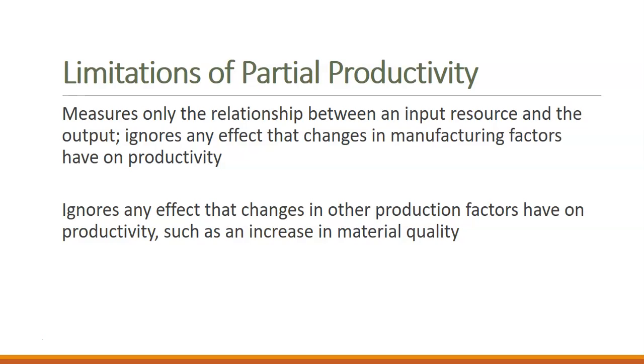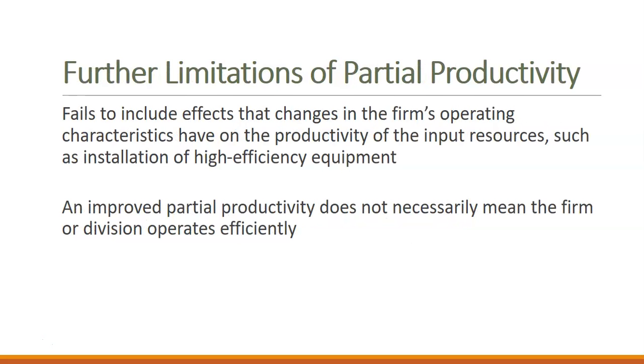It also ignores changes in other production factors on productivity, such as an increase in material quality, because we've known that can cause a material cost variance. Other limitations of partial productivity are that we fail to include the effects the changes in the operating characteristics have on the productivity of the input resources, such as installing high efficiency equipment.